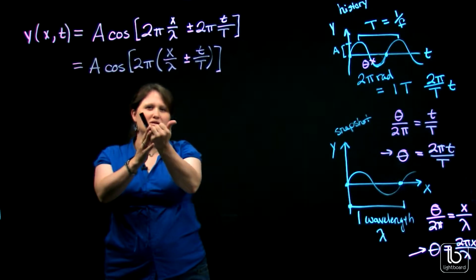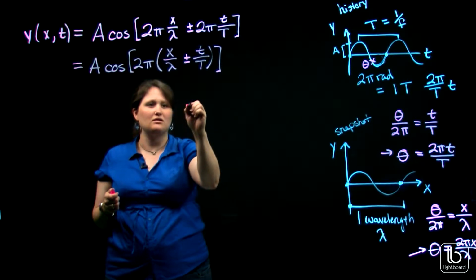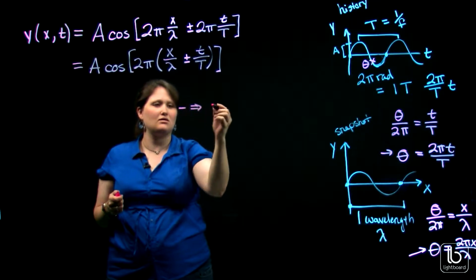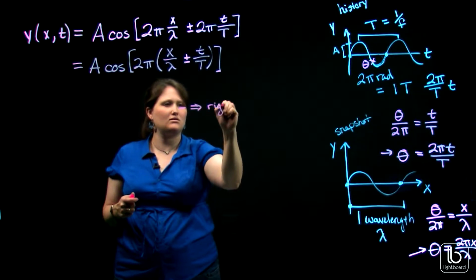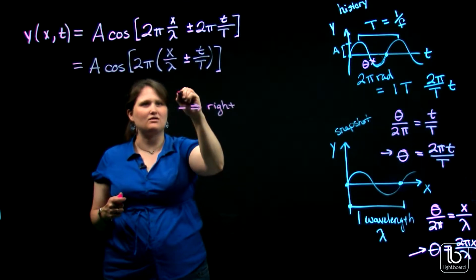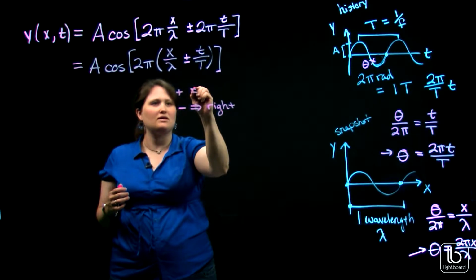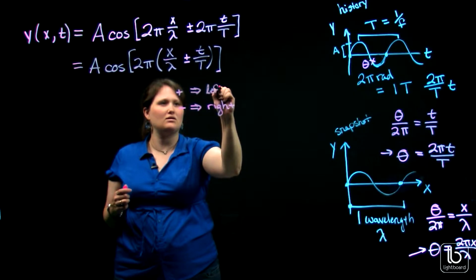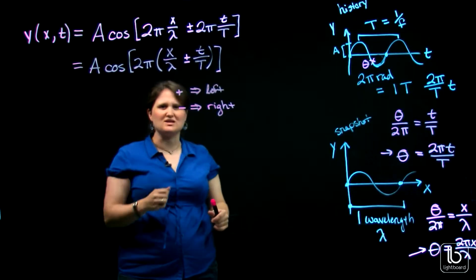So if we want to talk about moving to the right, then we're talking about the negative sign here. If we're talking about the wave traveling to the left, that's where we're using the positive sign. Okay, so that's all the sign means.